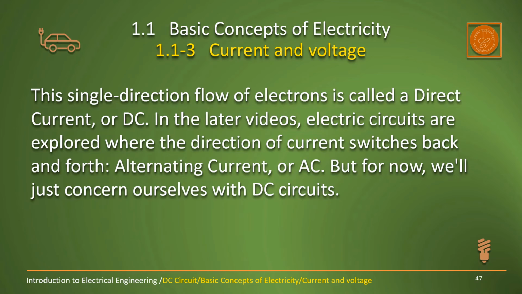In later videos, electrical circuits are explored where the direction of current switches back and forth, alternating current, or AC. But for now, we will just concern ourselves with DC circuits.